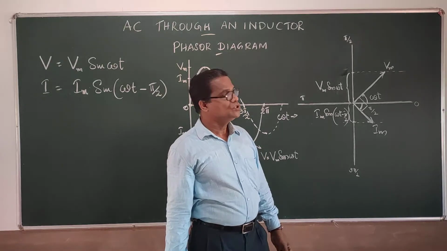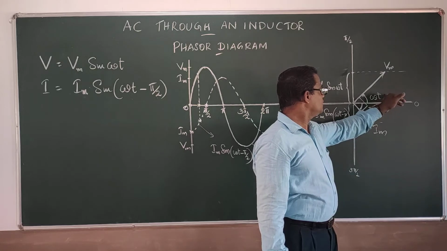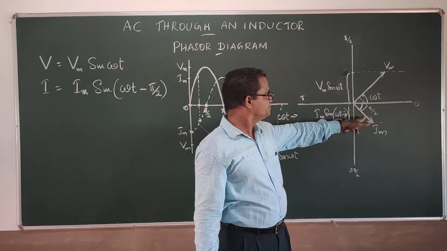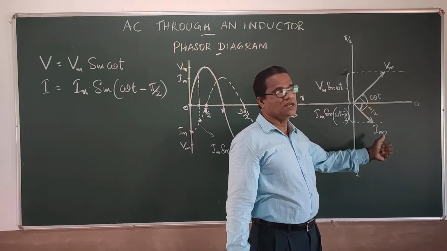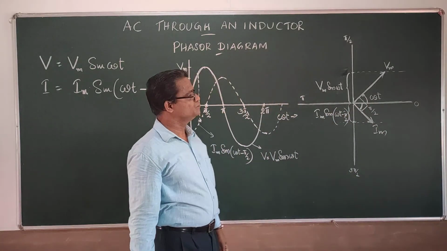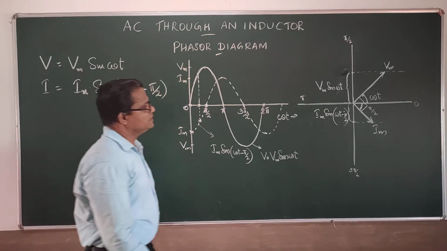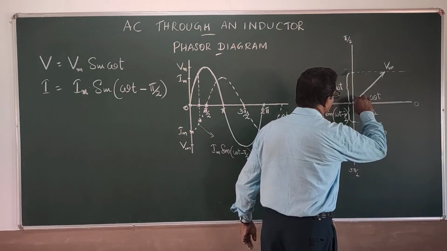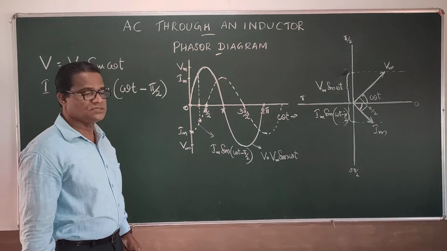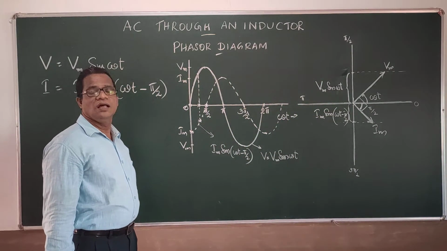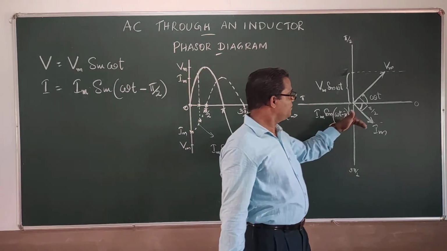So minus of pi by 2 minus omega t, that is what you are getting, omega t minus pi by 2. So you can see that the angle between the peak value of current and voltage is always 90 degrees out of phase. Current is lagging behind the voltage by pi by 2.